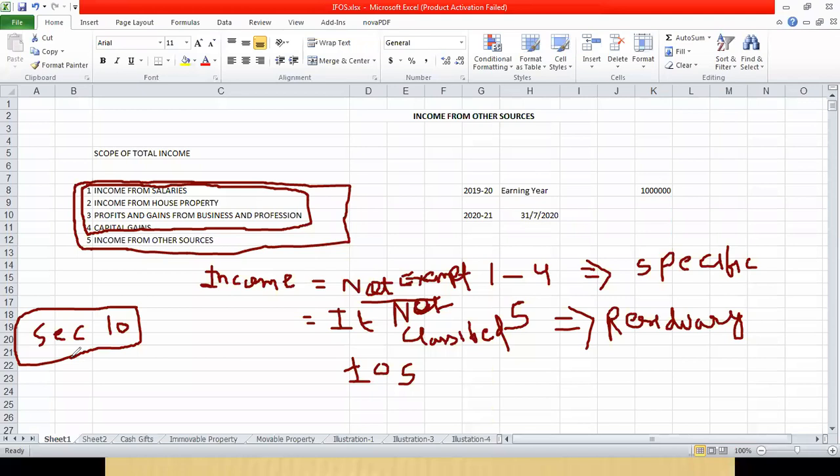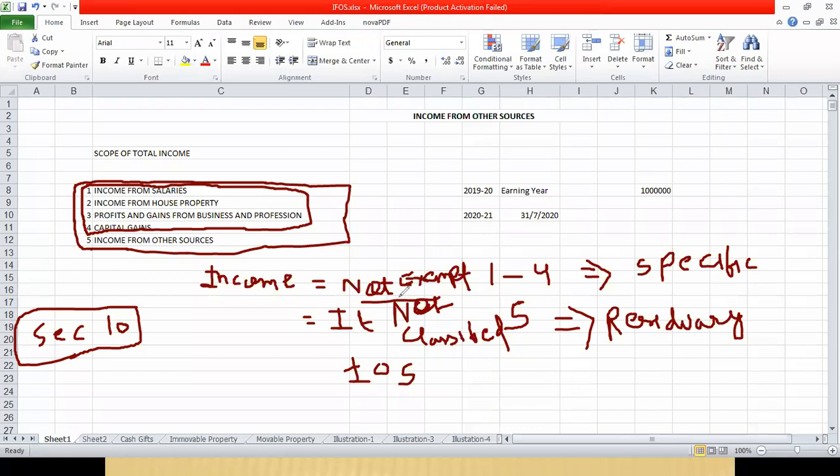So first, understand that exempt income means those incomes which are exempt from tax, like agricultural income from India, which is exempt from income tax. Or profits earned from a partnership firm are also exempt. There are various such lists; you can refer to that list. So first, income is there.